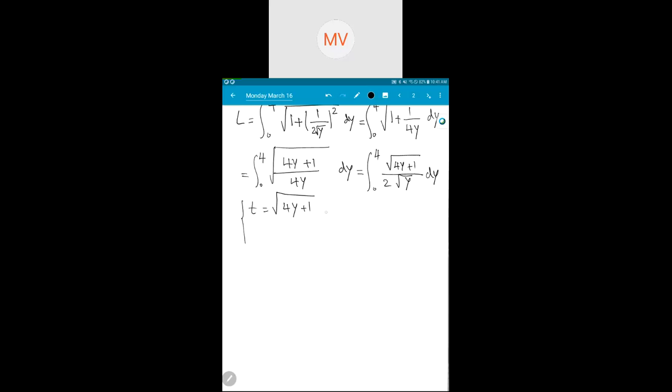And then if we solve for y, because 4y plus 1 is t squared, then y is t squared minus 1 over 4, right? And then dy is t over 2. And put the y down here. It doesn't become a nice one.